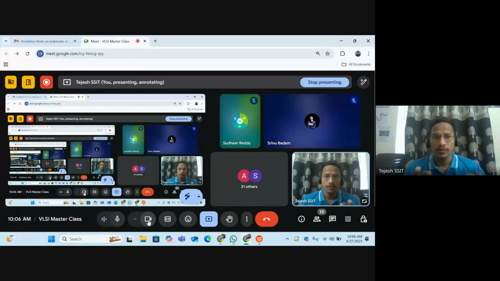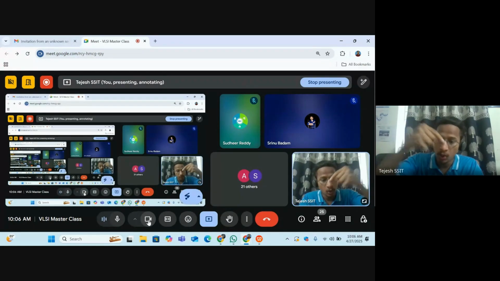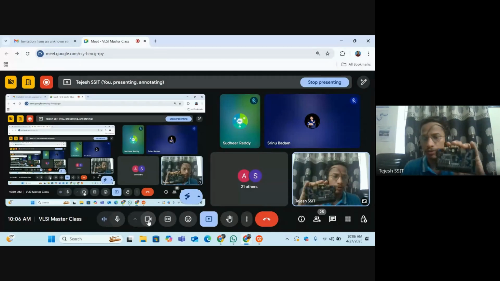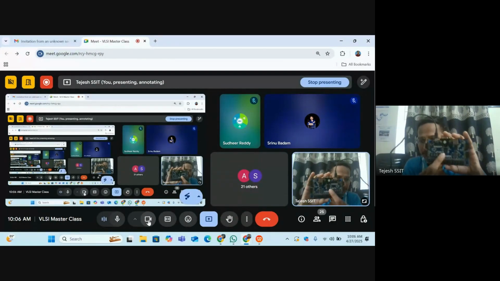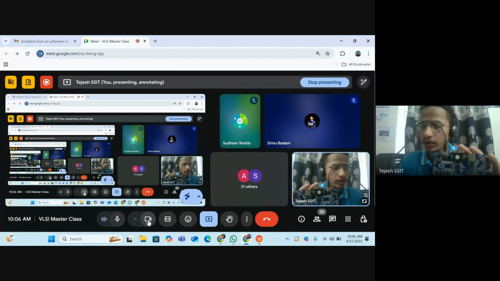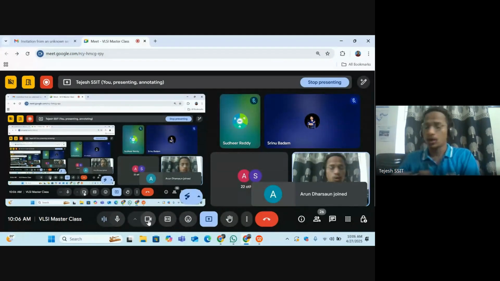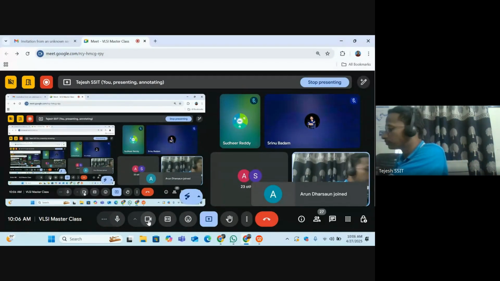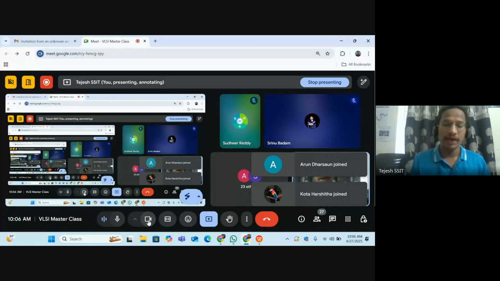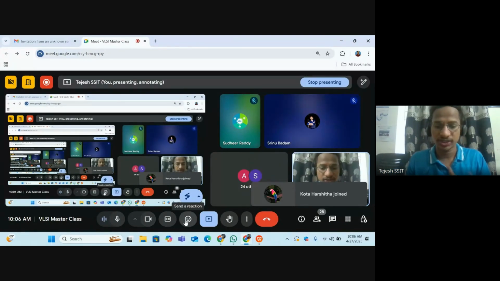So my first topic is how we can dump the code into the FPGA board. This FPGA board is the Basys 3. Coming to the process, I will open my Vivado tool and share my screen.